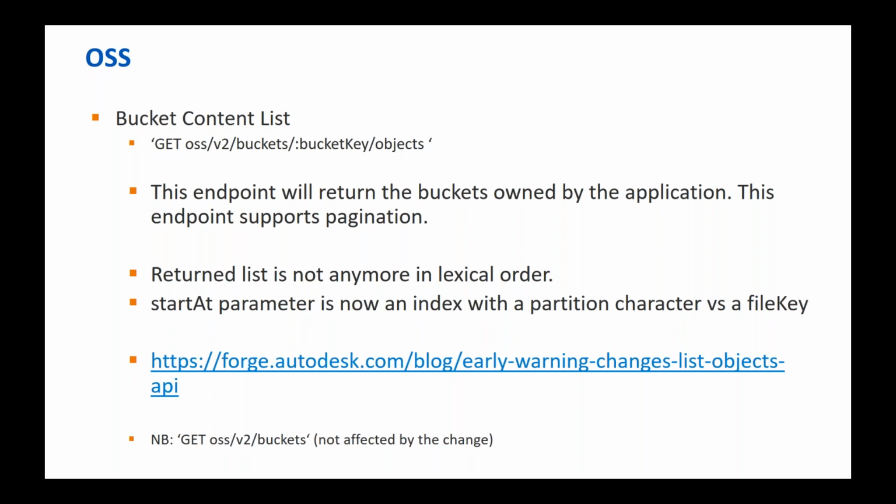Today, the startAt parameter contains the object key of the file you need to start from for the next query. That startAt parameter is now an index. So not anymore a file key.